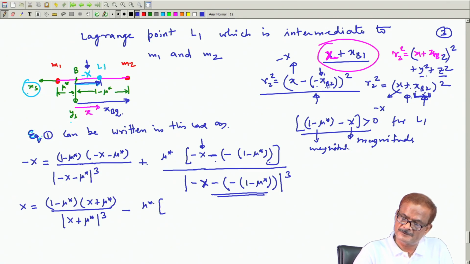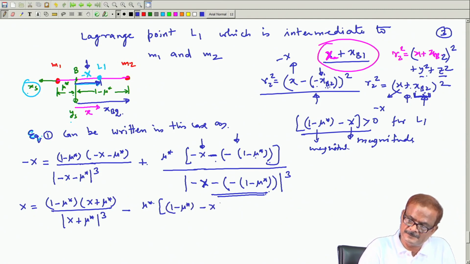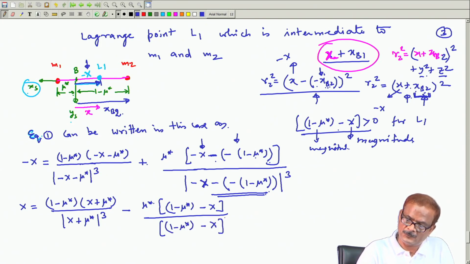Here we are interested in breaking up this and this. We have to cancel out the numerator and denominator. So, the upper one we can write as 1 minus mu star minus x. This is a positive quantity according to this, and the lower one similarly we can write here 1 minus mu star minus x whole cube. This is a positive quantity magnitude wise. So, therefore, we can remove the mod sign and write it in this way.